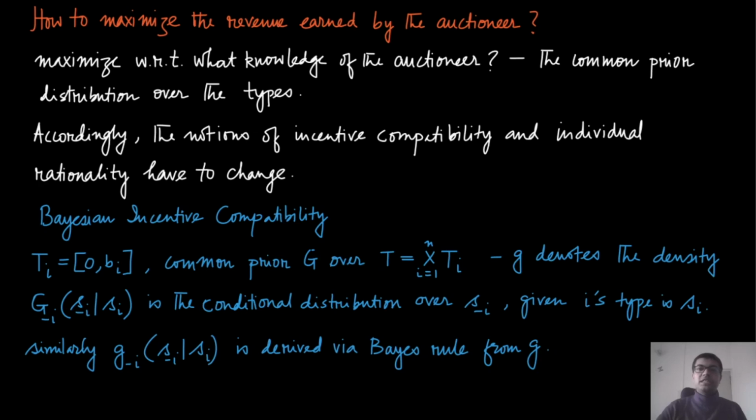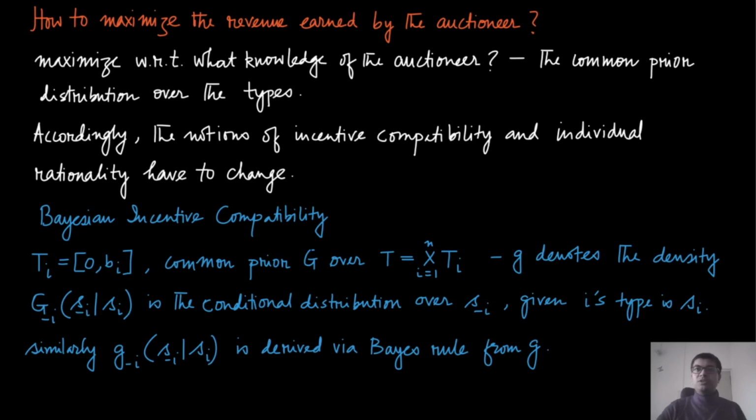Now the first question that comes here is that we have to maximize, but maximize with respect to what knowledge of the auctioneer. In practice, the auctioneer may have a lot of knowledge about the players. The auctioneer might not know the exact type profile, but it may have a belief about what those types can be. This can come from the previous interaction data.